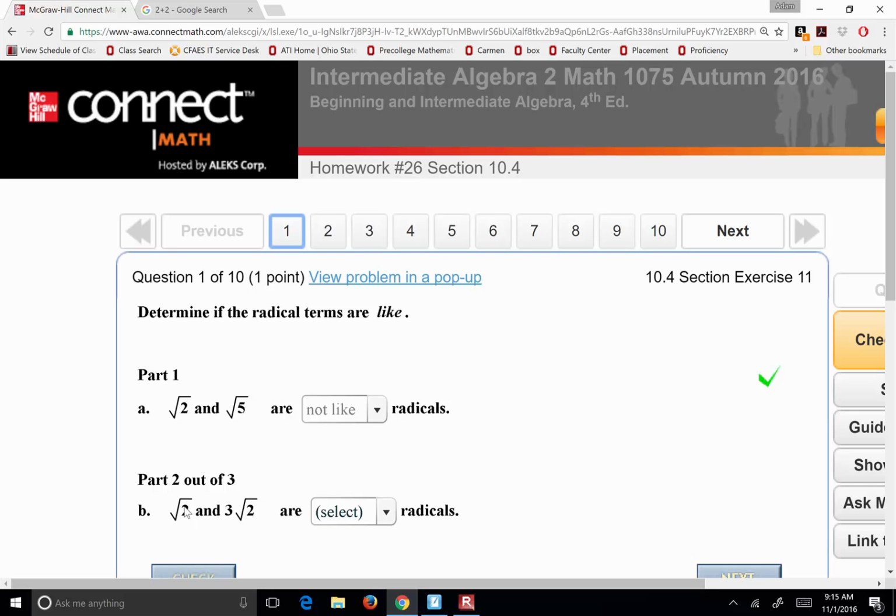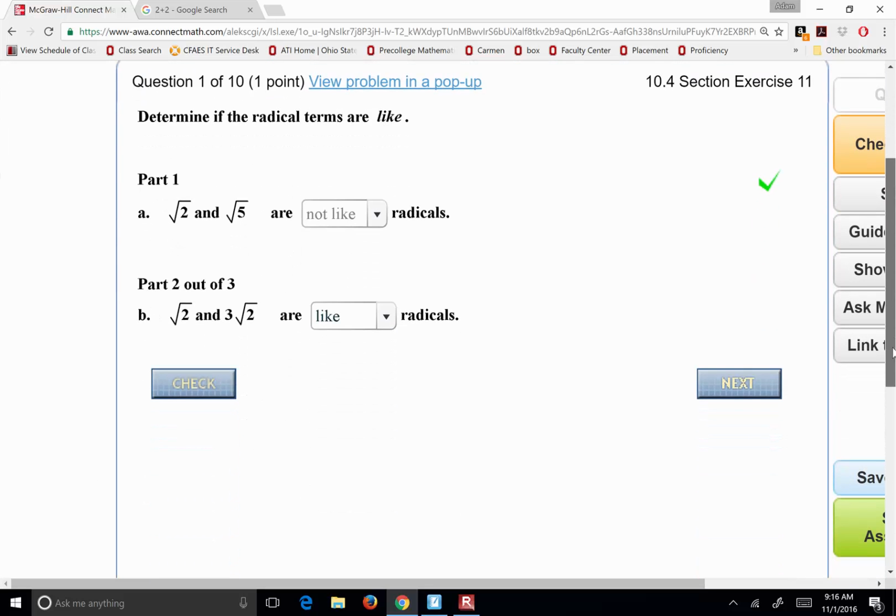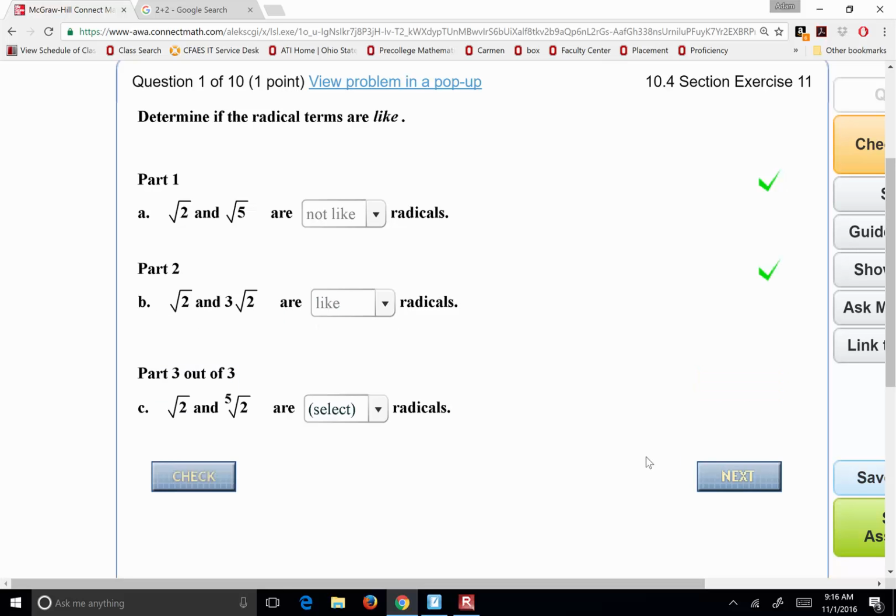Only look at the symbol and see if the indexes are the same. These 2 don't have an index. That means it's 2, both 2. So there is a match in index. Check out who's inside. Prisoners 2 and 2. Do we have a match? Yes. Prison type and inside guys match. So these are like. Although the numbers outside are not alike, we are okay with that. We are only comparing prisons and prisoners.